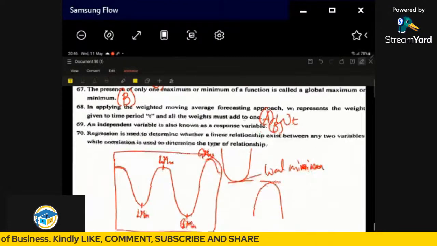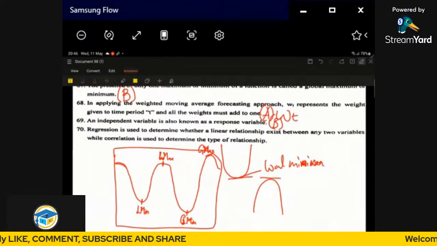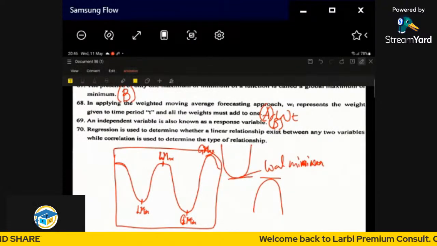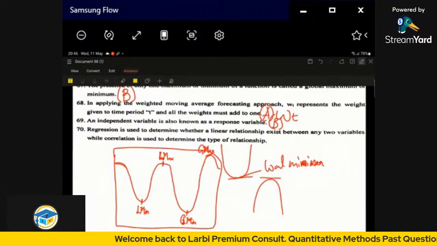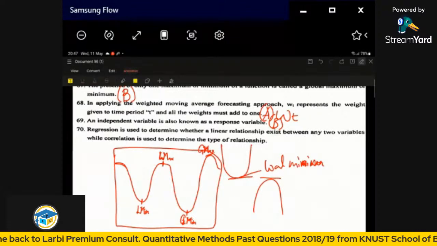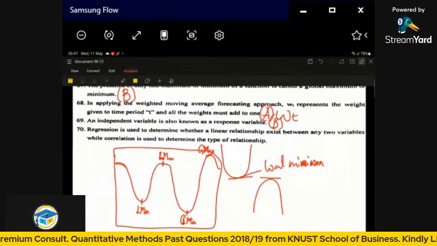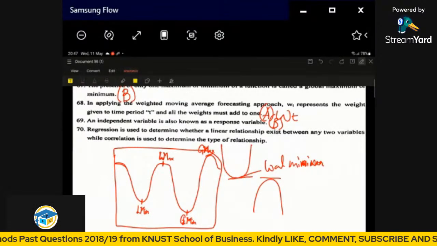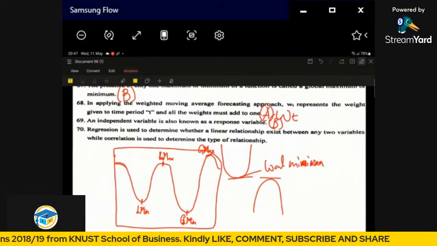And then question 70, the last question, is saying that regression is used to determine whether a linear relationship exists between any two variables, and correlation is used to determine the type of relation. I said earlier in one of our presentations that we use regression to determine the type of relation that exists between the two variables, but correlation helps us to determine the linear relationship.